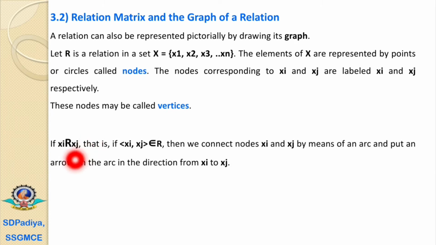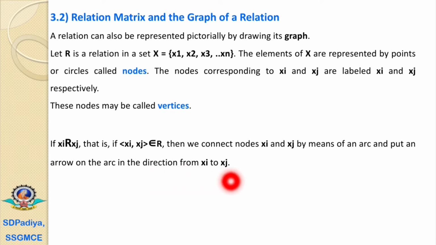If xi has a relation R to xj, that is, if the ordered pair (xi, xj) belongs to the relation R, then we connect the nodes xi and xj by means of an arc and put an arrow on the arc in the direction from xi to xj.